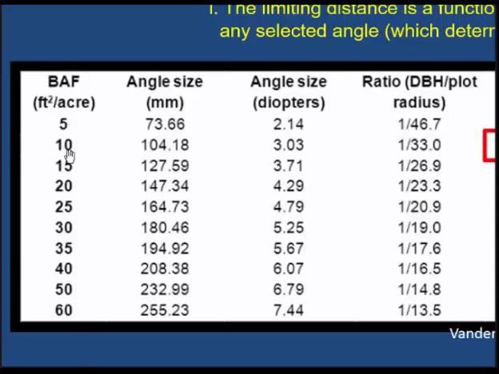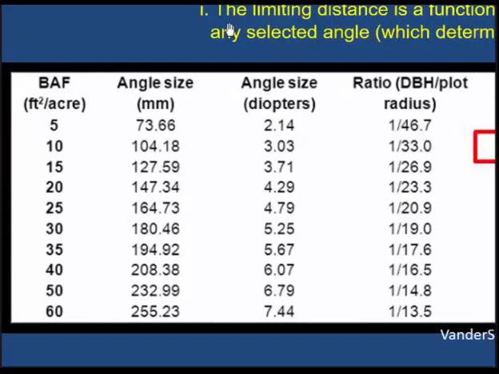You may have heard of a 10 BAF or a 20 BAF, but probably many of you have not heard of a 40 BAF because they don't use them very often. Maybe a 5 BAF, but certainly a 10 I'm sure you've heard about, and probably some of you have heard of a 20. And then your angle size in diopters, which is used for prisms.